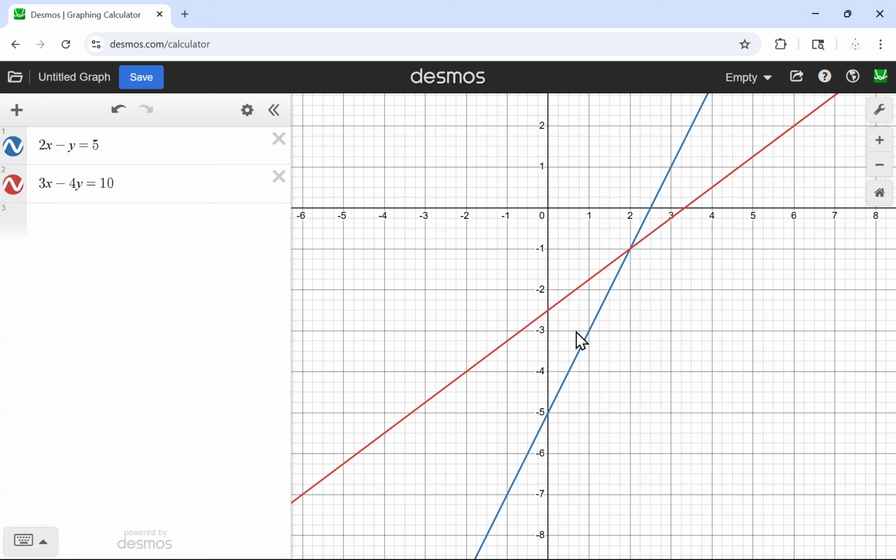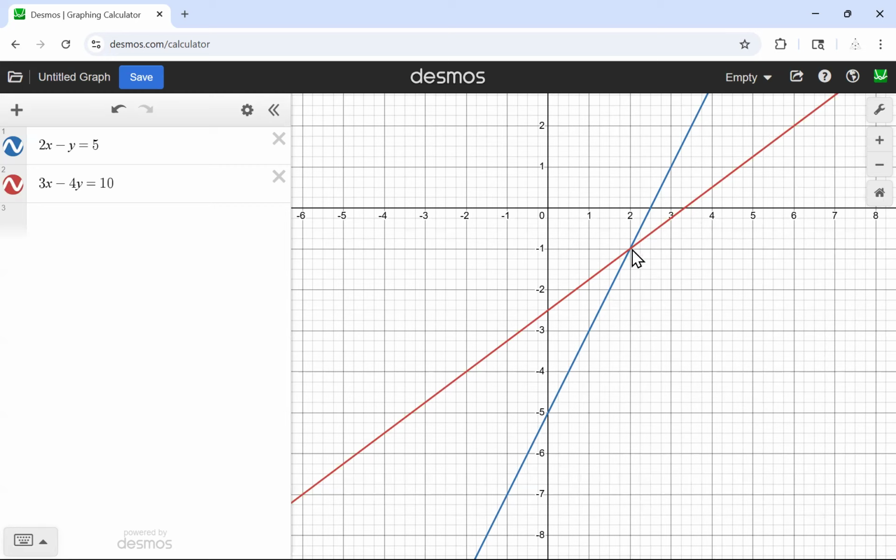On the other one, we saw that it went through the point (0, -2.5), and then it was a slope of 3/4. So up 3 over 4, or you could think of that as up 1.5 over 2.